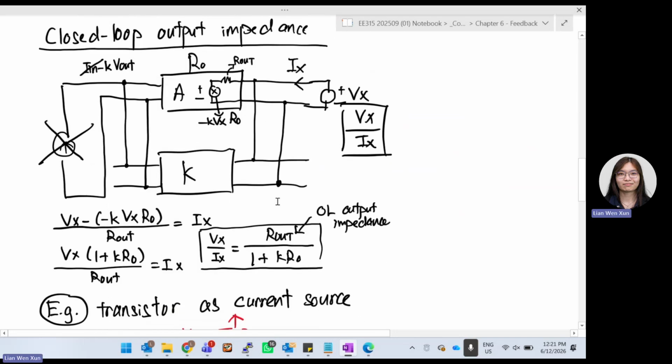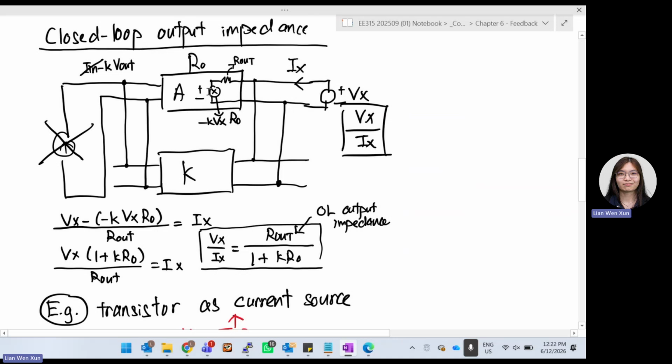For closed loop output impedance, we do the exact same thing as just now. It's a voltage source, so we apply a test voltage. Over here, again, we will have the gain in series with R out, very similar to what we have done just now.